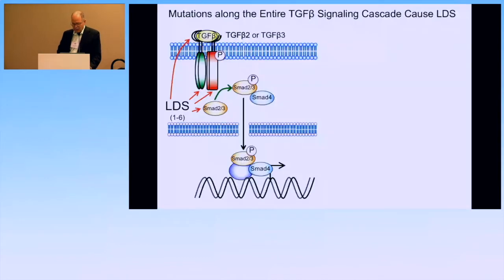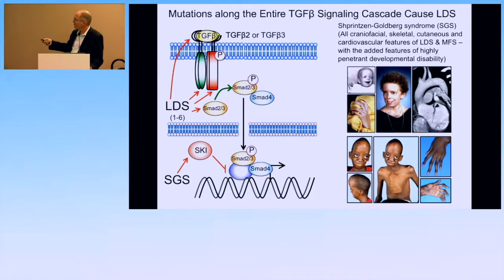Now, many groups throughout the world have participated in an intense effort to identify genes responsible for syndromic presentations of aneurysm. And we and others have now shown that mutations in genes along the entire TGF-beta signaling cascade can cause Loeys-Dietz-like syndromes, including both TGF-beta 2 or TGF-beta 3, either component of the TGF-beta receptor, and the two intracellular signaling molecules SMAD2 or SMAD3.